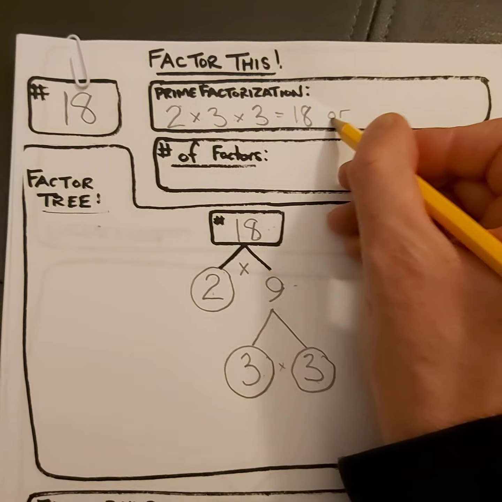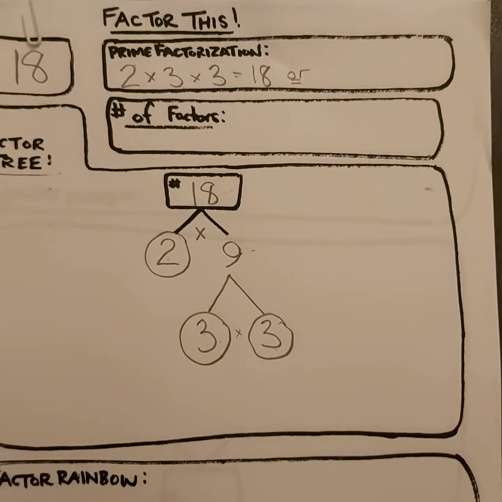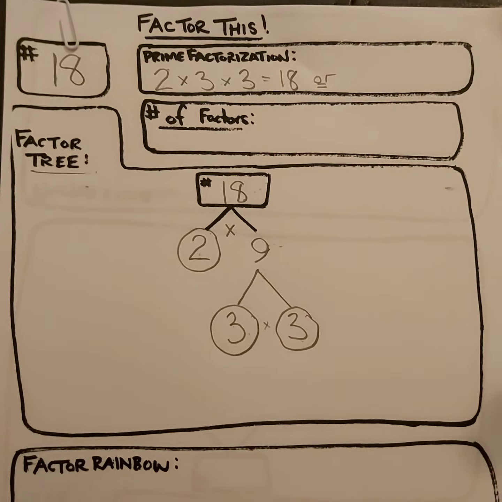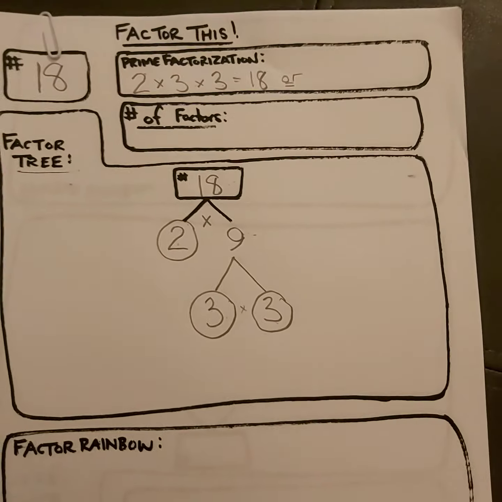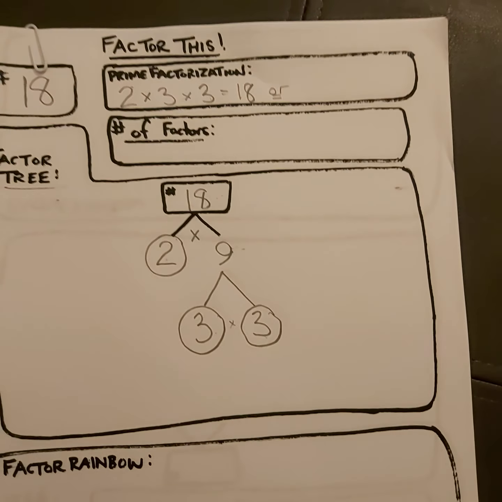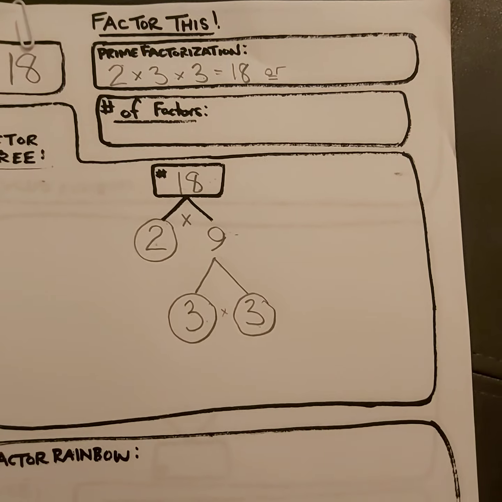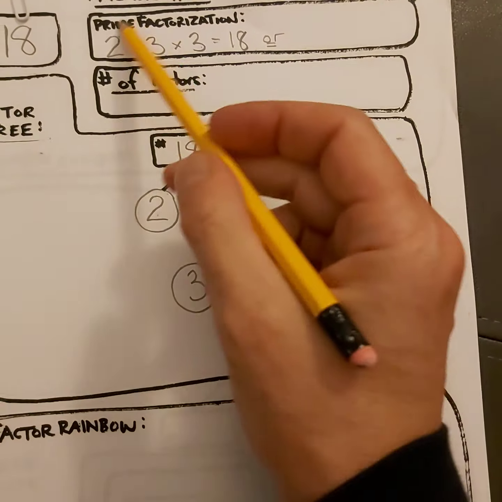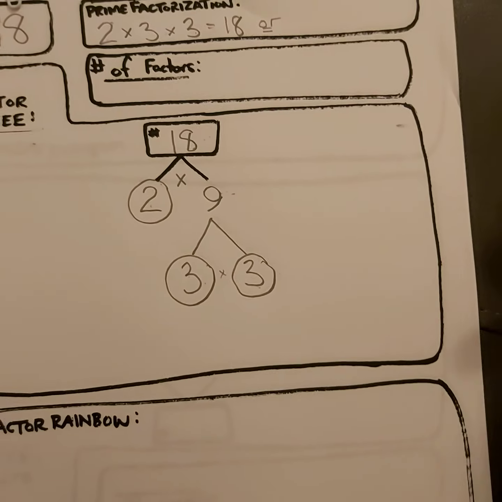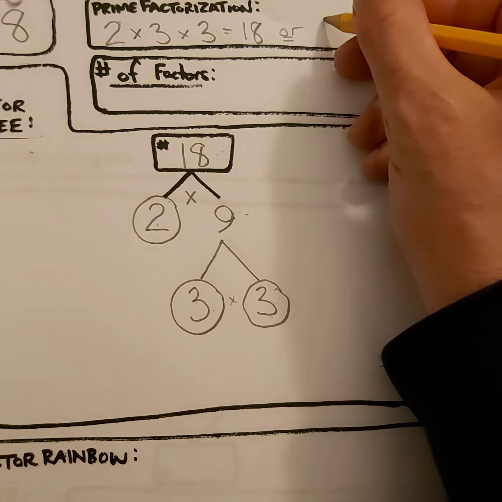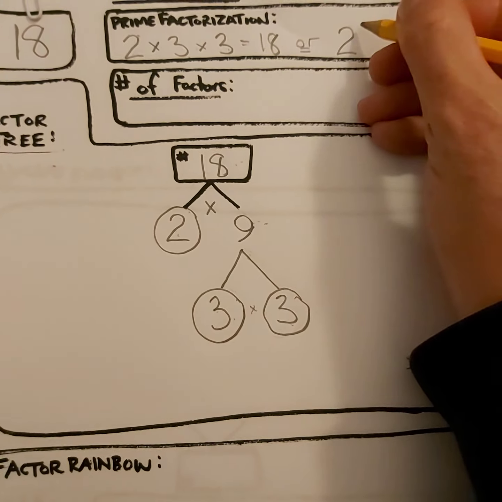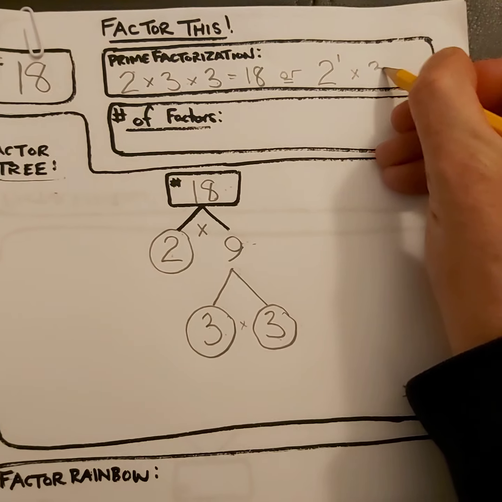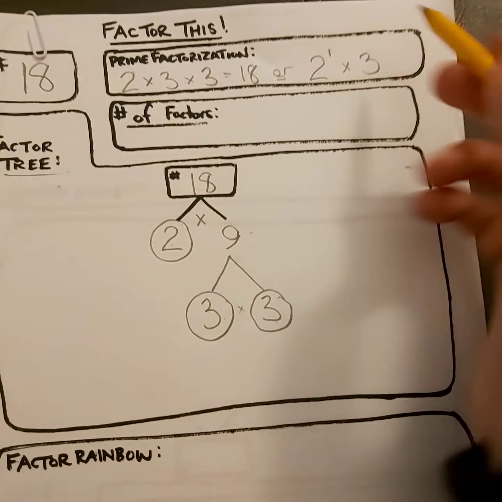But I can also write that out using exponent form, okay? If I write these out as powers using a base and an exponent, it is a simplified version, a cleaner version of prime factorization. Because if you're dealing with bigger numbers, you're going to have a long list of primes. You don't want to always write them all out individually. So up here, what I would write now is 2 to the power of 1 times 3 to the power of 2.